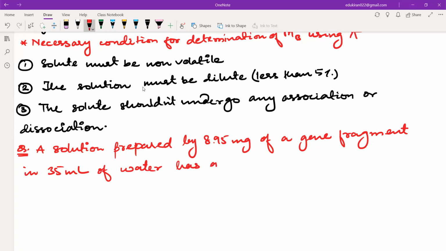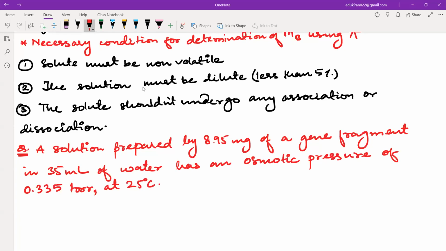It has an osmotic pressure of 0.335 torr at 25 degree Celsius.